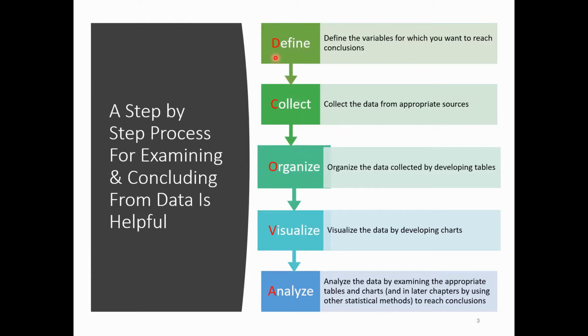Now in chapter 1, we defined the variables. In chapter 2, we will look at collecting the data, organizing the data, and visualizing the data. And from chapter 3 onwards, we will be analyzing the data.